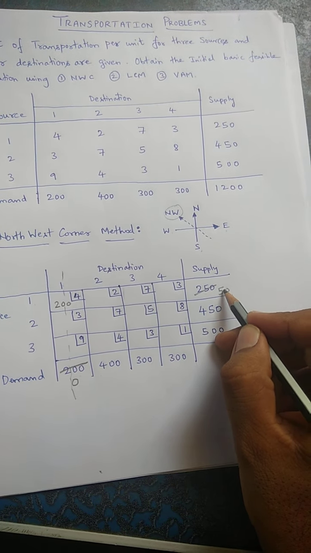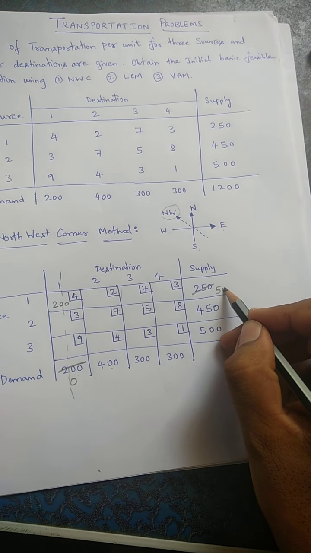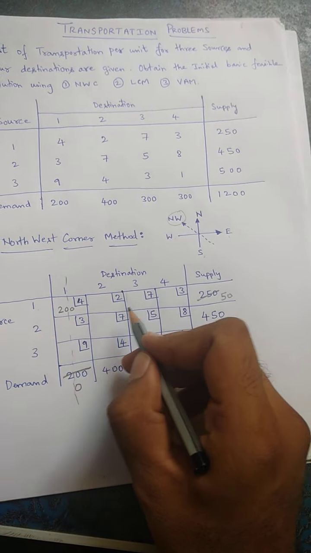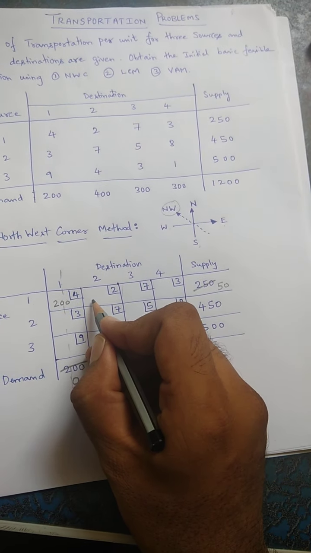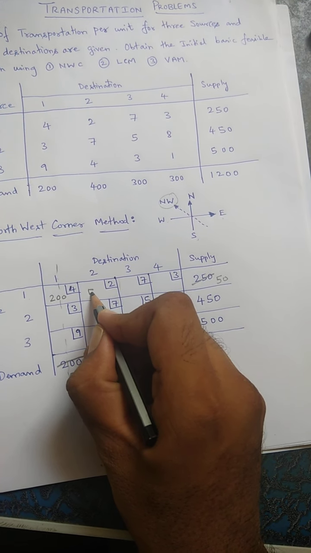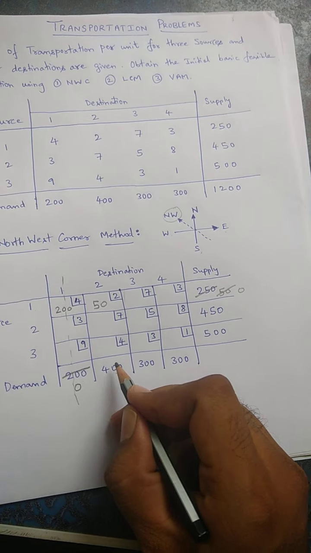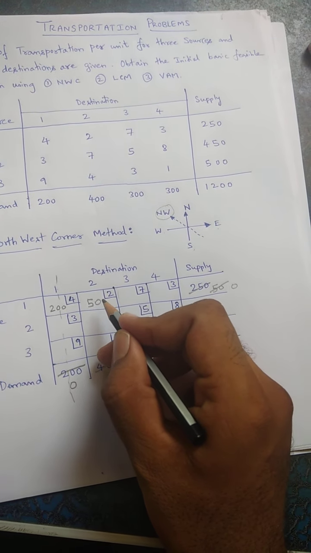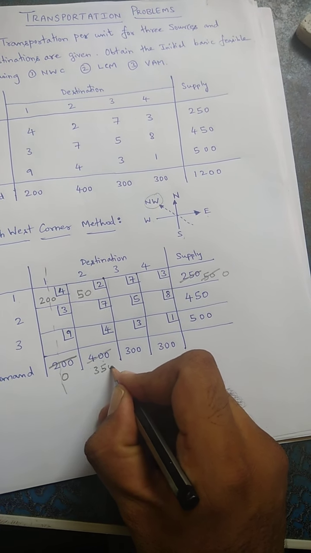The supply is 50 and the demand is 400. The minimum among 50 and 400 is 50. So we will supply the full 50 that source 1 can deliver to destination 2, and this becomes 0. Out of 400, 50 is satisfied, so the remaining will be 350.